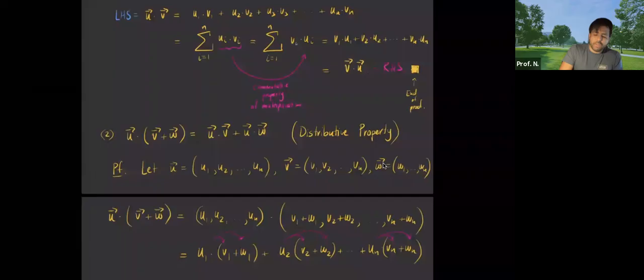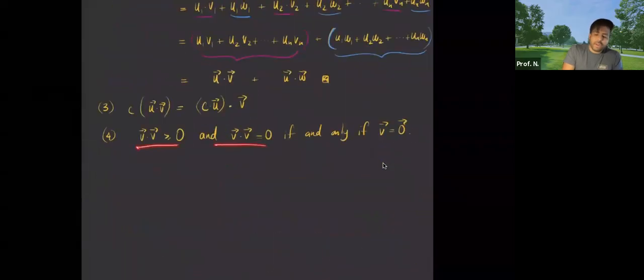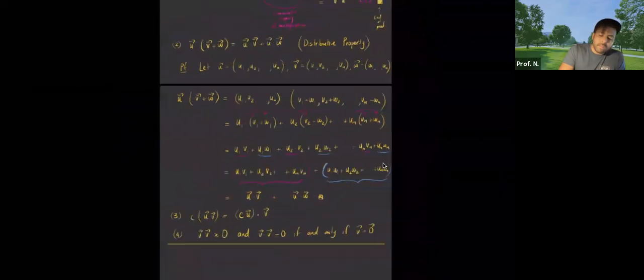So remember the properties of the norm. This property number 4 follows from the norm being non-negative, and the norm being 0 only if the vector is 0. So this just stems from that definition. Okay, guys, so that's a few of the properties for dot products that hold.